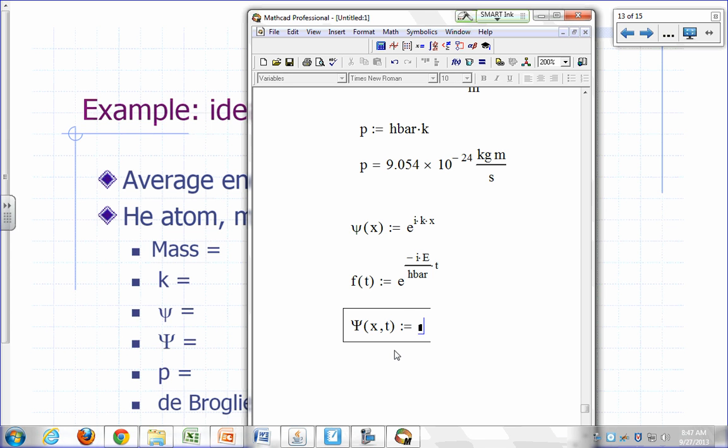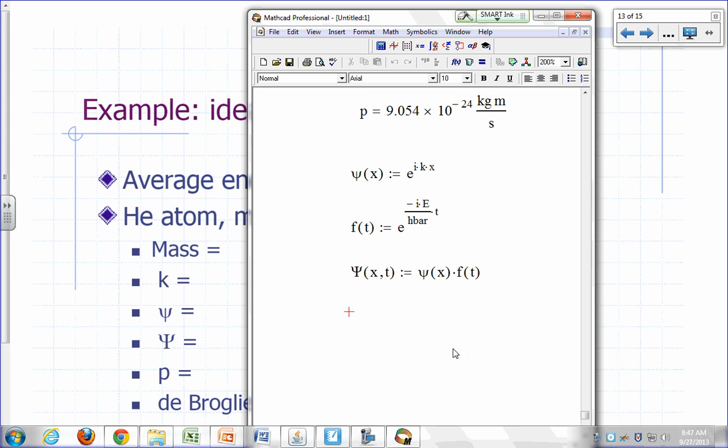Xt equals little psi of x times f of t, right? And so what's the period of the oscillation of this time-independent part? Remember, this is the sum of cosine Et over h bar minus i sine Et over h bar.